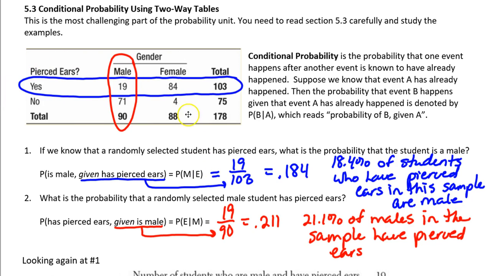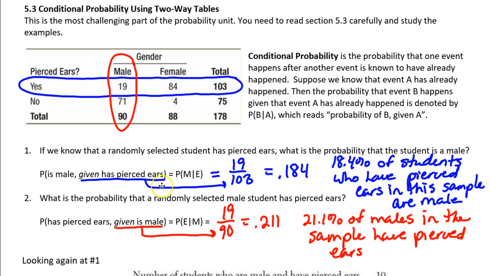Among all of those that have pierced ears, 19 are males, so we write 19 over 103, which is 0.184. And usually it's good practice to then write the probability in a sentence. 18.4% of students who have pierced ears in this sample are male.